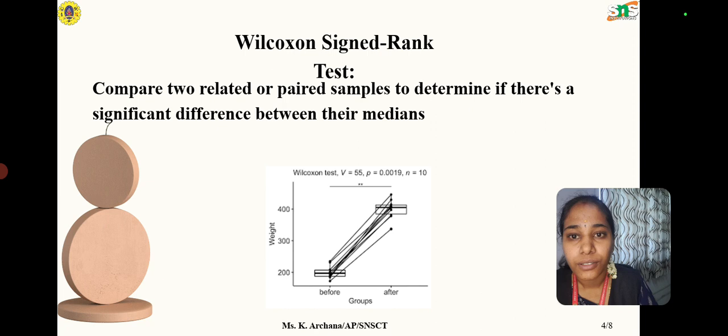We can compare two different medians using the Wilcoxon signed rank test. Here we have two groups, weight before and after, and we need to know whether there is a difference from taking the juice.